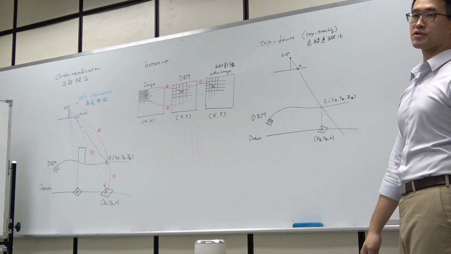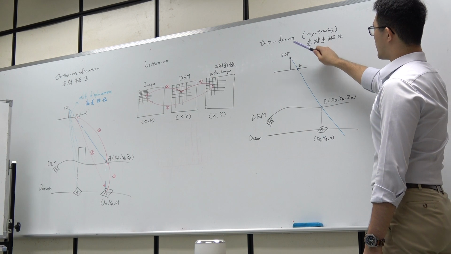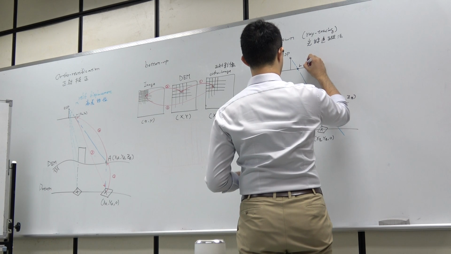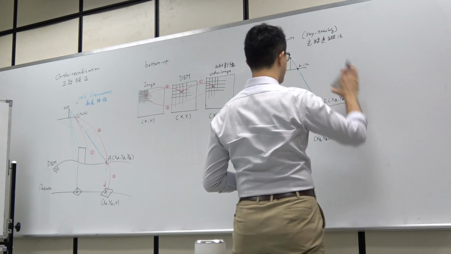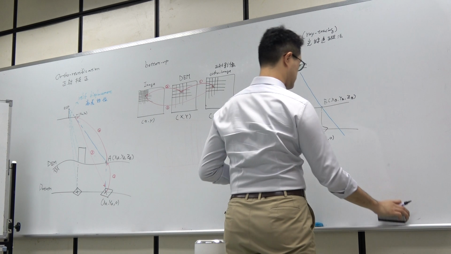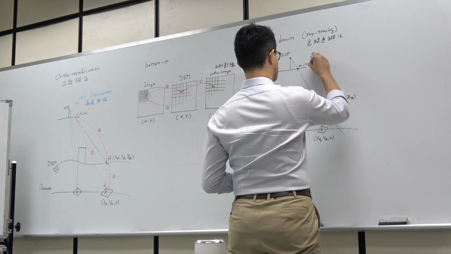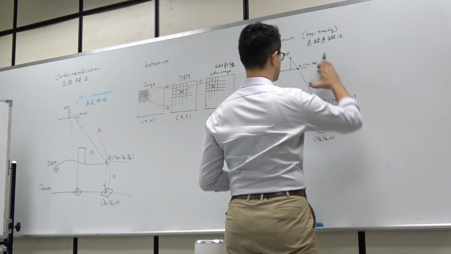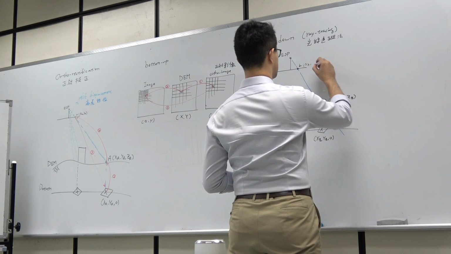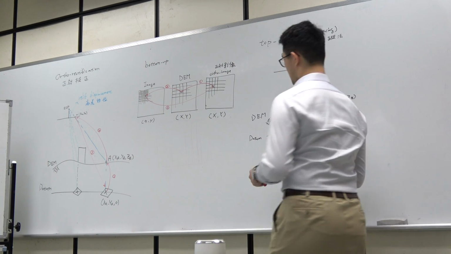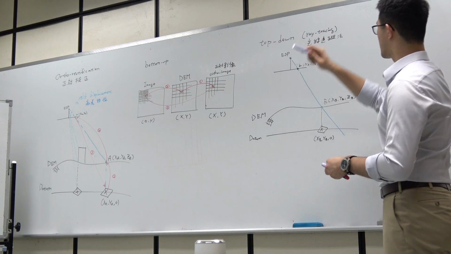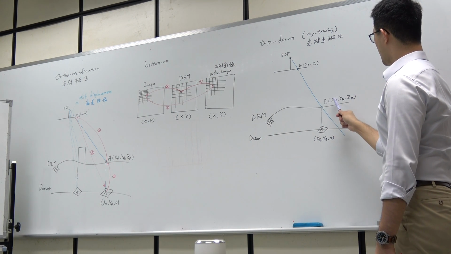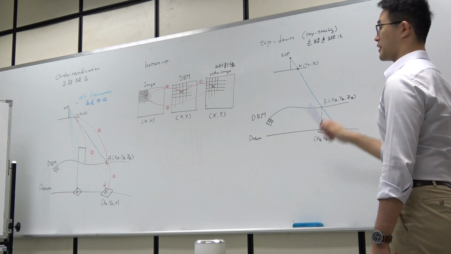But the question is, if I right now only have the EOP and the B coordinates, XB and YB, how can I find out where the B point is, the XB, YB, and Z?